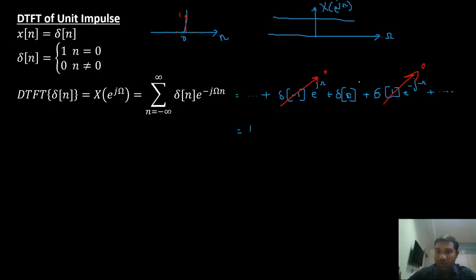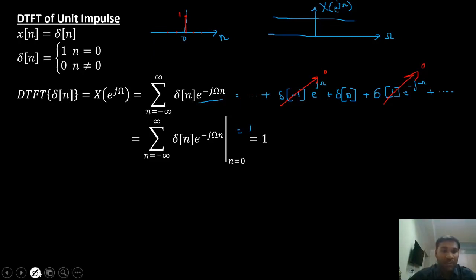This is one way of proving this, or I can use properties of impulse, the sampling property. Del of n is only defined at n equals 0. So this summation reduces to e power minus j omega n at n equals 0, that is nothing but 1. I am using the sampling property.